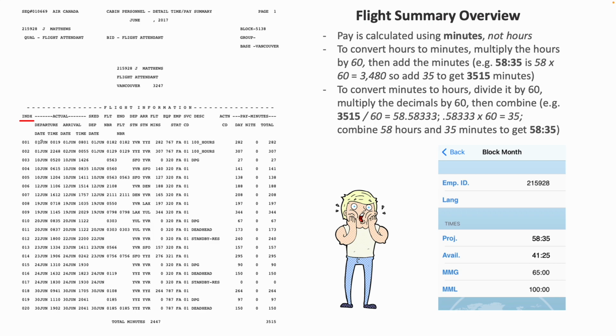Every bit of activity that we have corresponding to our month corresponds to a line entry, and each of these entries is coded with an index number. That helps us for the purpose of being paid for what we do in the month. So this is index number 1, for example, and then so on and so forth. It increases by 1 as you go down in the flight information section.